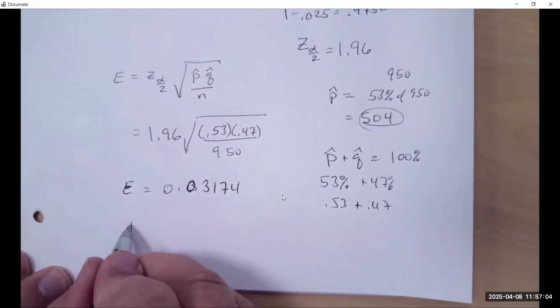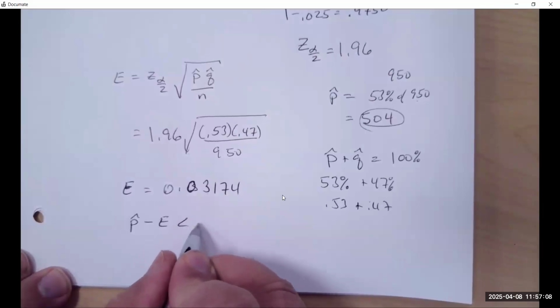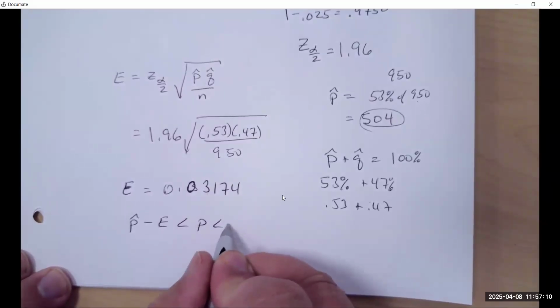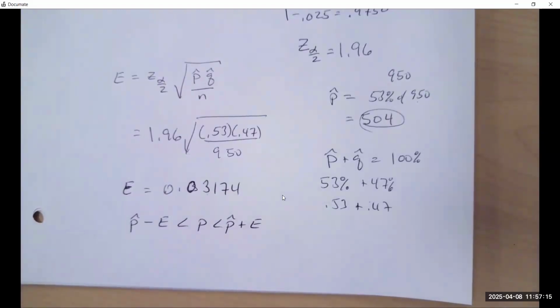So what we're looking at here is this: P hat minus E is less than the population proportion P, which is less than P hat plus E. That's our margin of error. Because remember, we're 95% confident that the population is going to be within this interval.